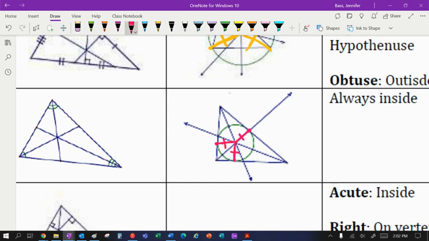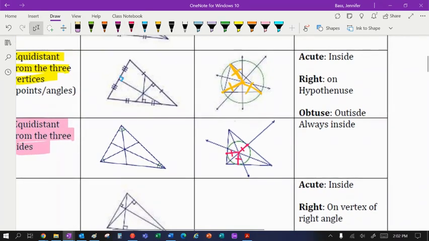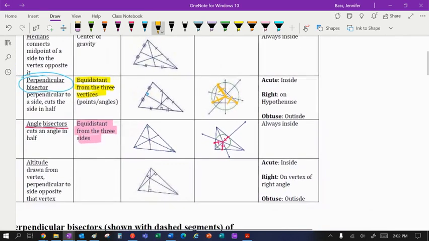This circle touches the sides of the triangle, not the vertices. So with the one above, the vertices are touched; with the one below, it's the sides that are touched. So when you are designing your notes for the final, this is information that you're going to need.